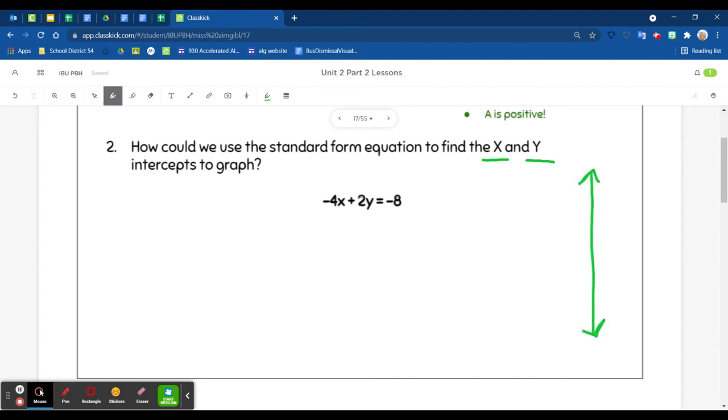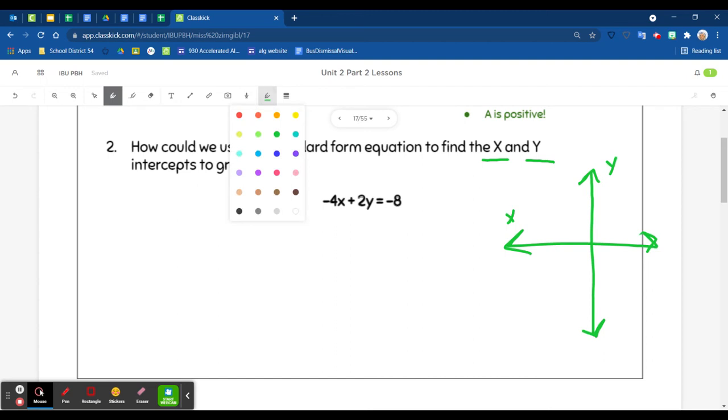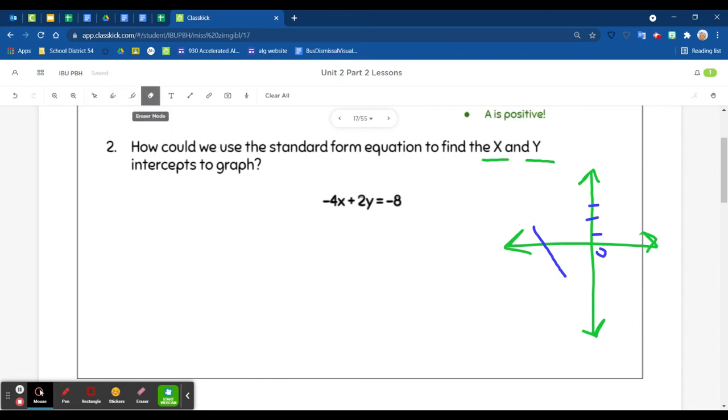So if this is a graph that I have, this is my x and this is my y, I'm sorry, I labeled those wrong. When I cross the x-axis, my y is 0.